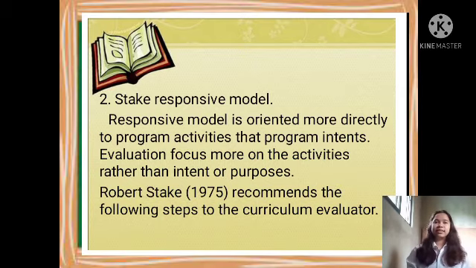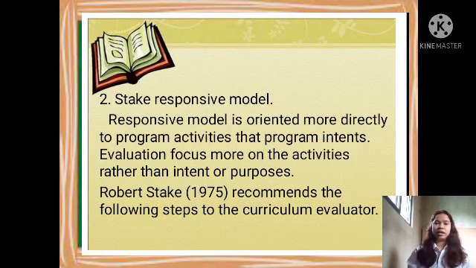So second is the responsive model. The responsive model is oriented more directly to program activities than program intents. Evaluation focuses more on the activities rather than intended purposes. So Robert Stake, 1975, recommended the following steps to the curriculum evaluator.